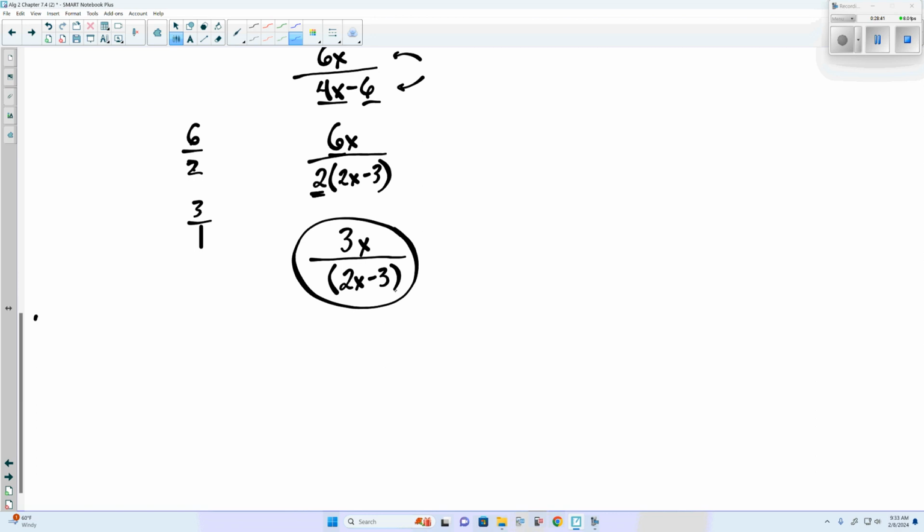But that's it. Now, let's just say that instead of having 2 there, it had worked out to be 5 was the number instead. And that's not working with this problem, but we just said it was 5 times 2x minus 3, and we had that set up. 5 and 6 don't reduce. So we would leave it. Even though we know that 5 wouldn't reduce, we still want to factor it out.